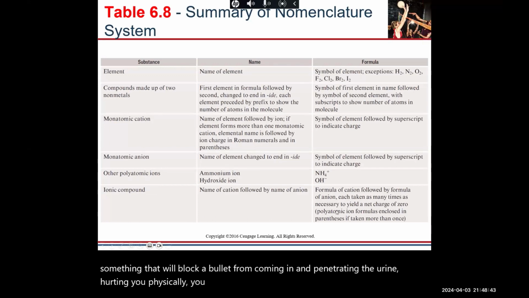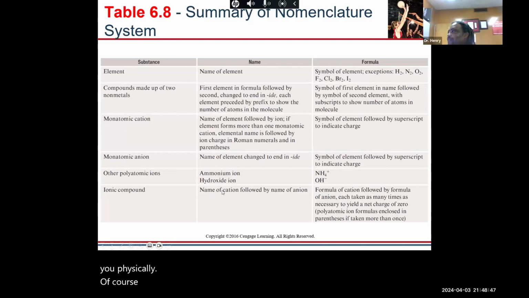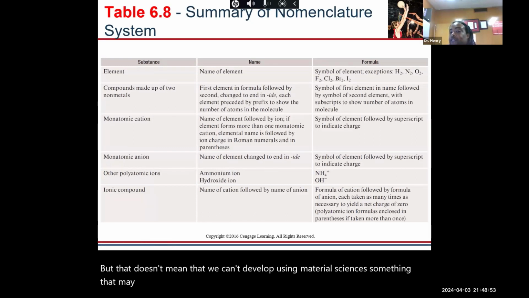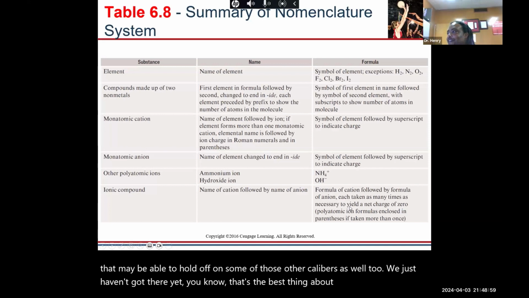It would depend on the caliber. Of course. Yeah. But that doesn't mean that we can't develop using material sciences something that may be able to hold off some of those other calibers as well. We just haven't got there yet. That's the best thing about science, right?